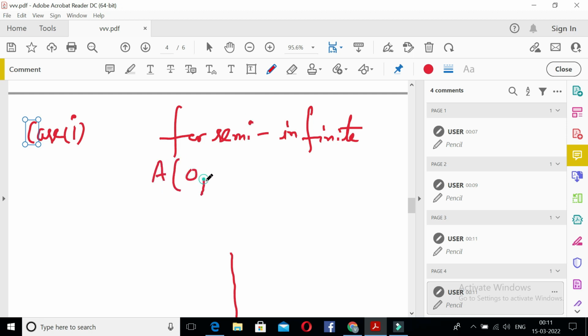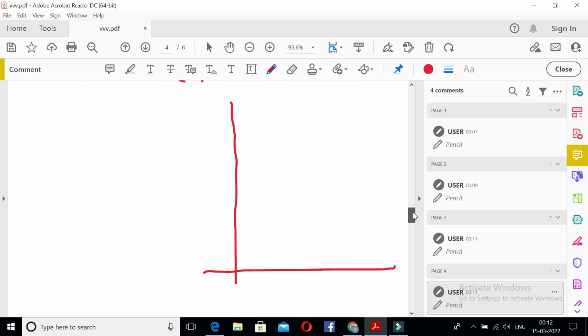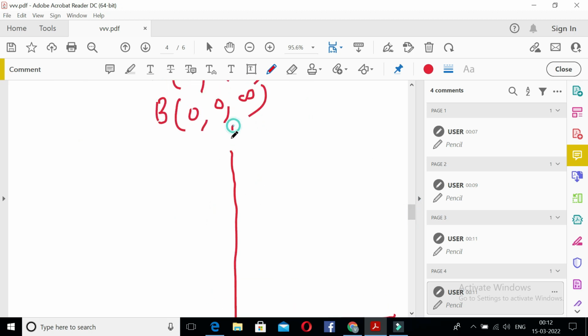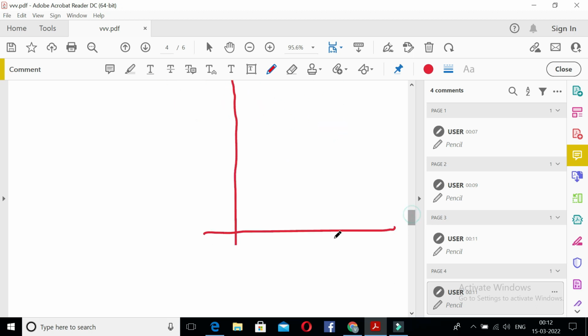Let A be at origin 0, 0, 0 and B at infinity, 0, 0, infinity. And this is point P, and this is the reference axis.